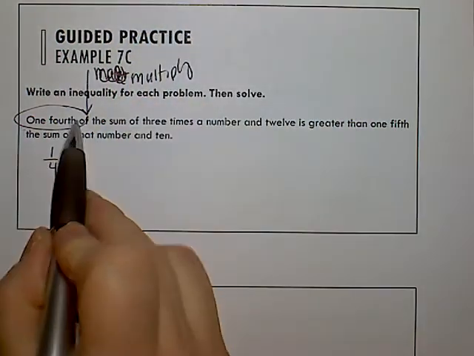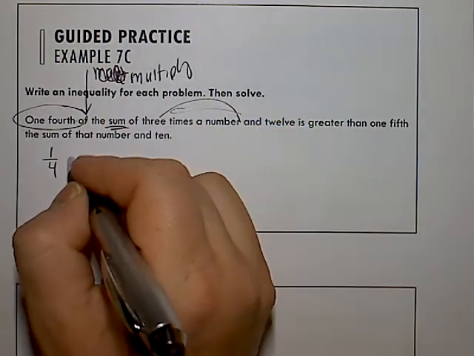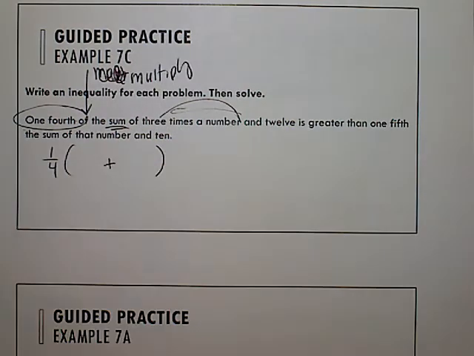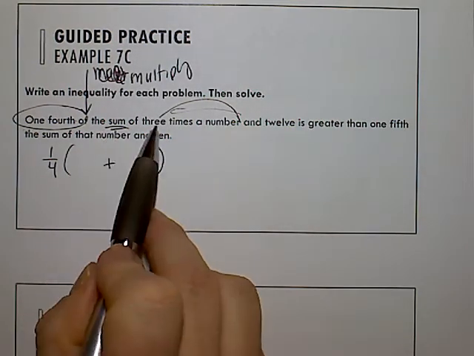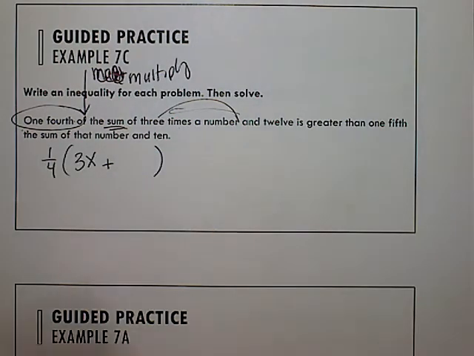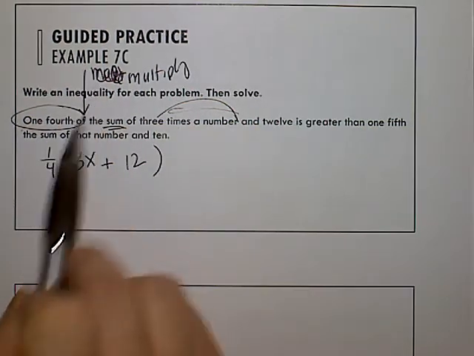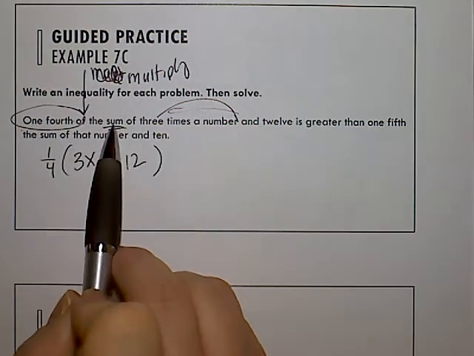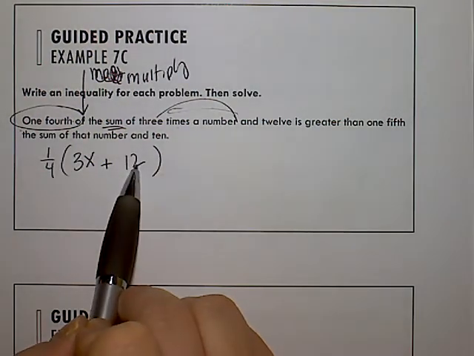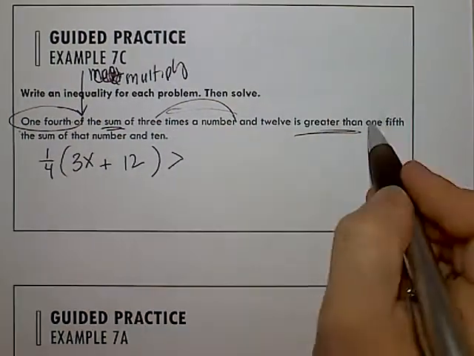So I want to take 1/4 and I want to multiply it times the sum of 2 things. So I want to multiply it times the quantity; the sum means add, of 2 things. What are the 2 things? 3 times the number, 3x, 3n, whatever you want your variable to be, and 12. 1/4 of the quantity, the sum of 3 times the number and 12, and that portion has to be greater than the next portion.